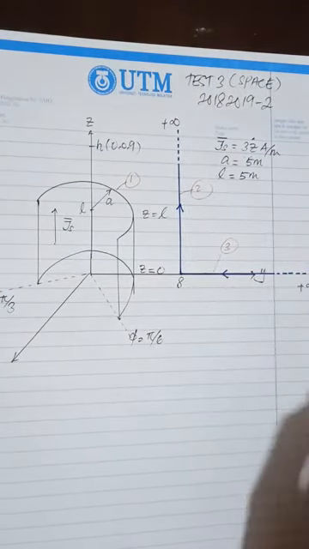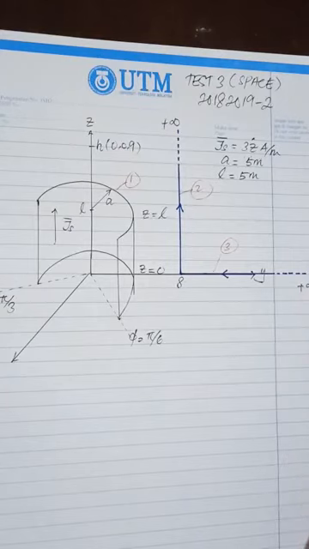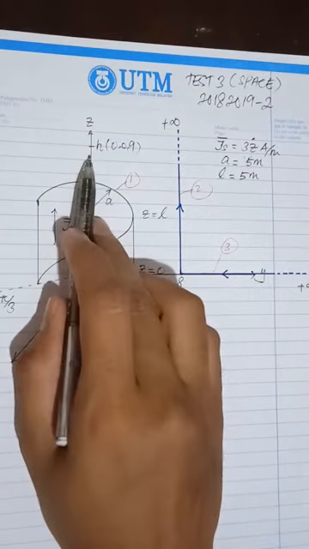So we can simply say that all the currents will contribute their own H field to where? To our point of interest.